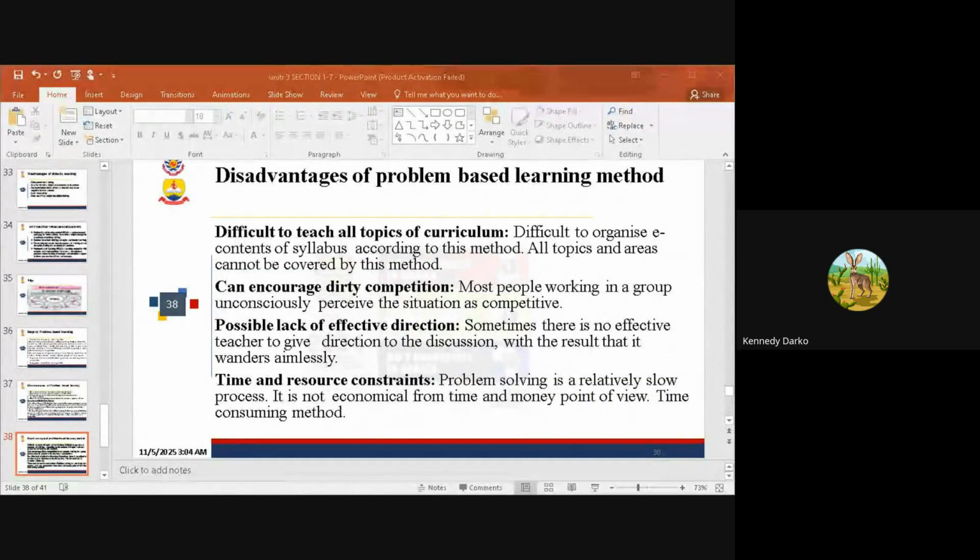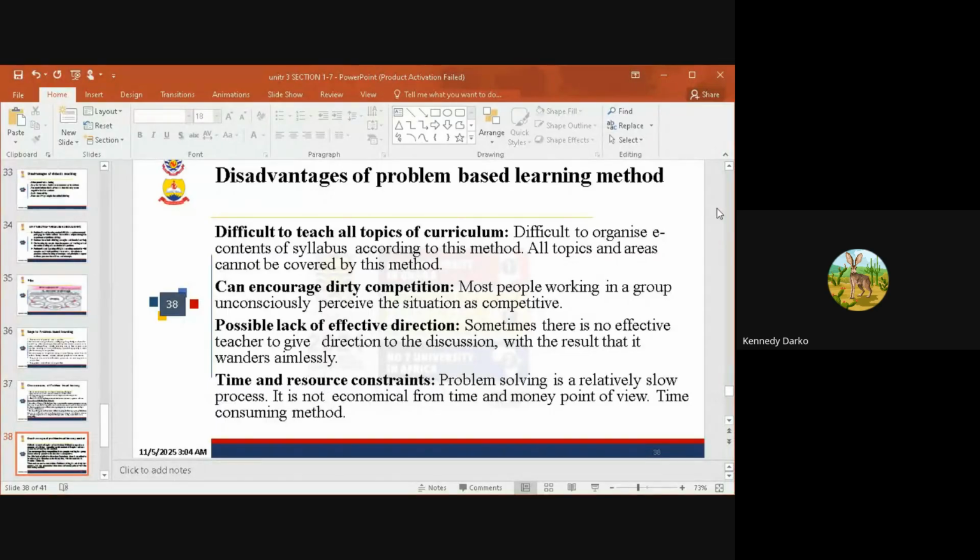With that one, we are looking at how you'll be able to put your ideas to bear and solve that particular problem, either within your groups or among your groups. And we are saying that problem-based learning is not good for all topics. The curriculum topics that are there, you cannot use problem-based learning to teach all.